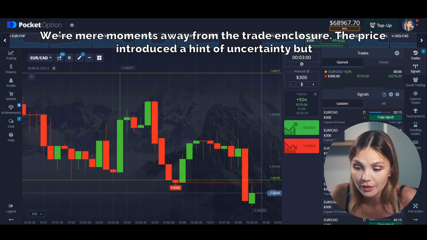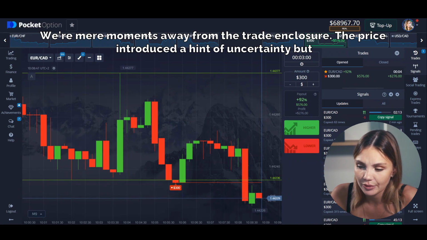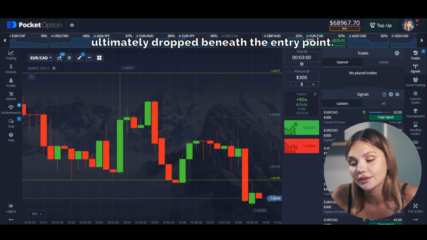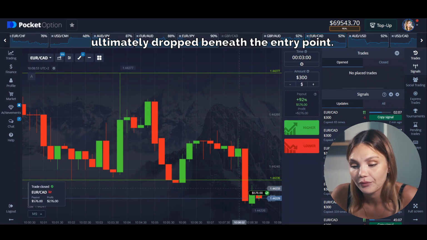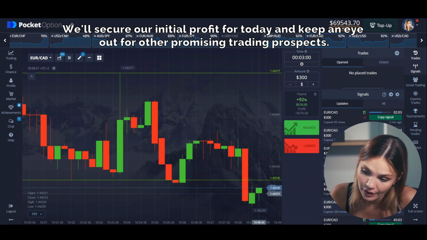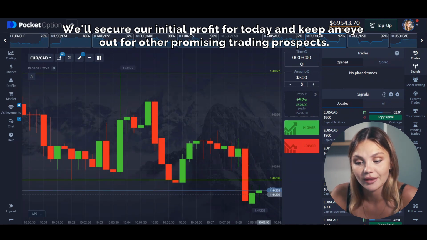We're mere moments away from the trading closure. The price introduced a hint of uncertainty, but ultimately dropped beneath the entry point. We'll secure our initial profit for today and keep an eye out for other promising trading prospects.